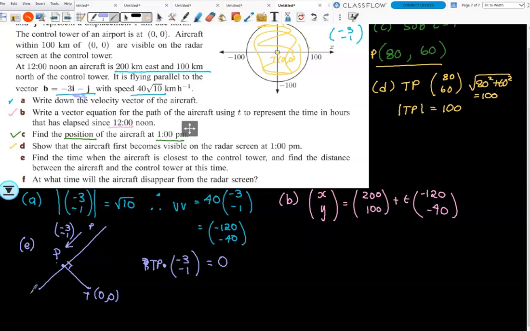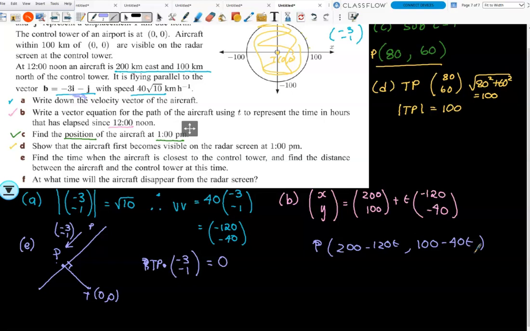We should be able to see the vector equation for the path of the aircraft, which was part B. This represents the equation, so any point on that will be 200 take 120t, and 100 minus 40t. So that's what we're now going to do the dot product with.